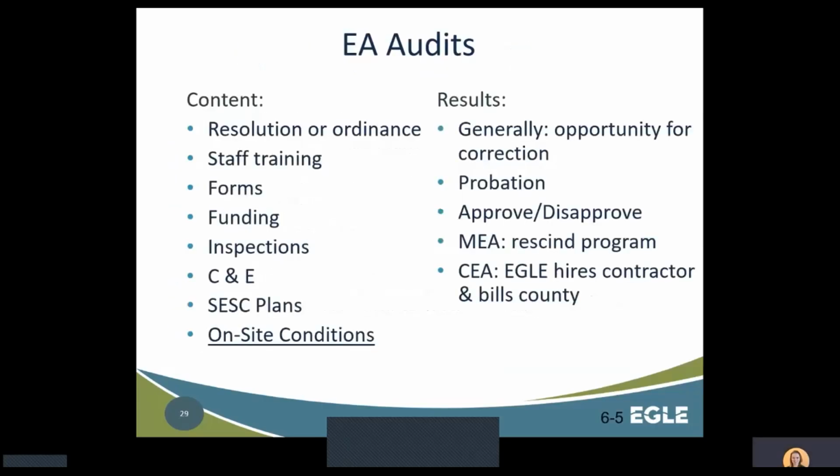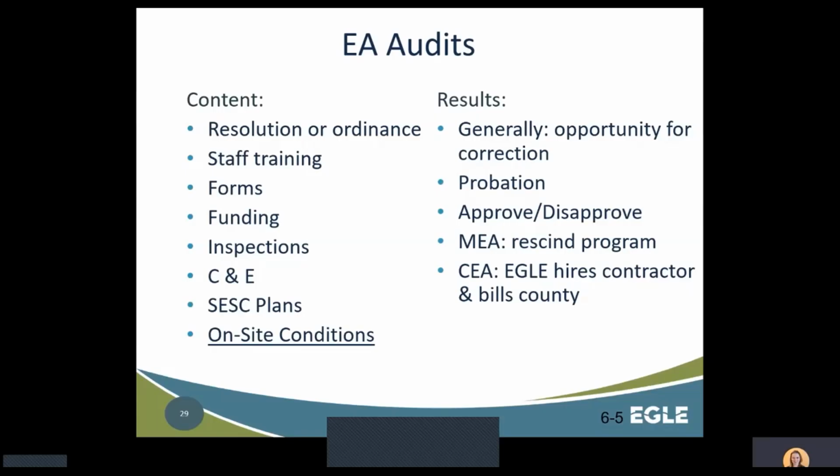Here are the things an agency can expect during an audit. The on-site conditions will really dictate how deep Eagle will dig into the other facets of their program. If Eagle encounters problems during the audit, there is an opportunity for the agency to make corrections, just like when an agency is conducting an inspection at a site. It is better for everyone to fix the problem when we work together than not.